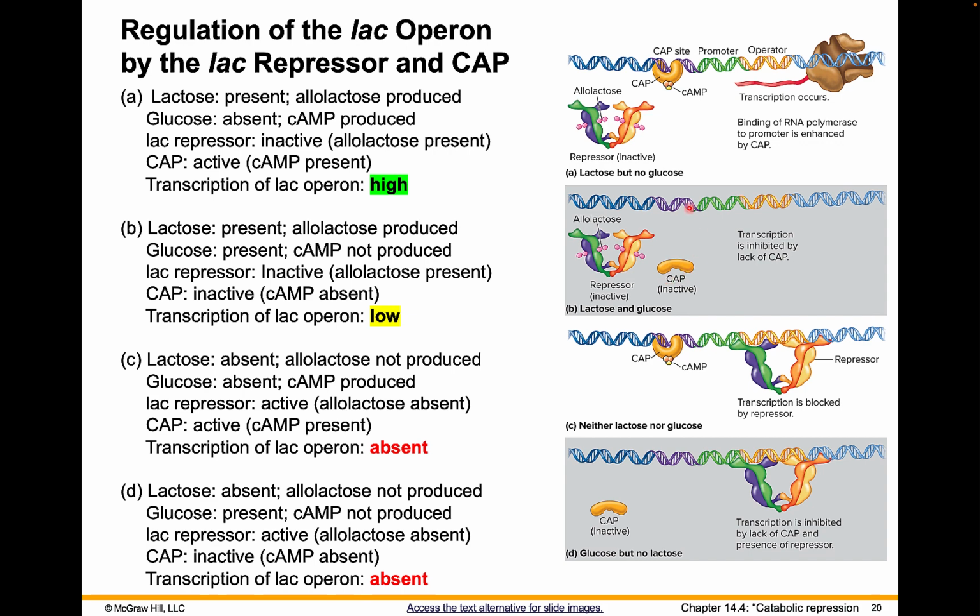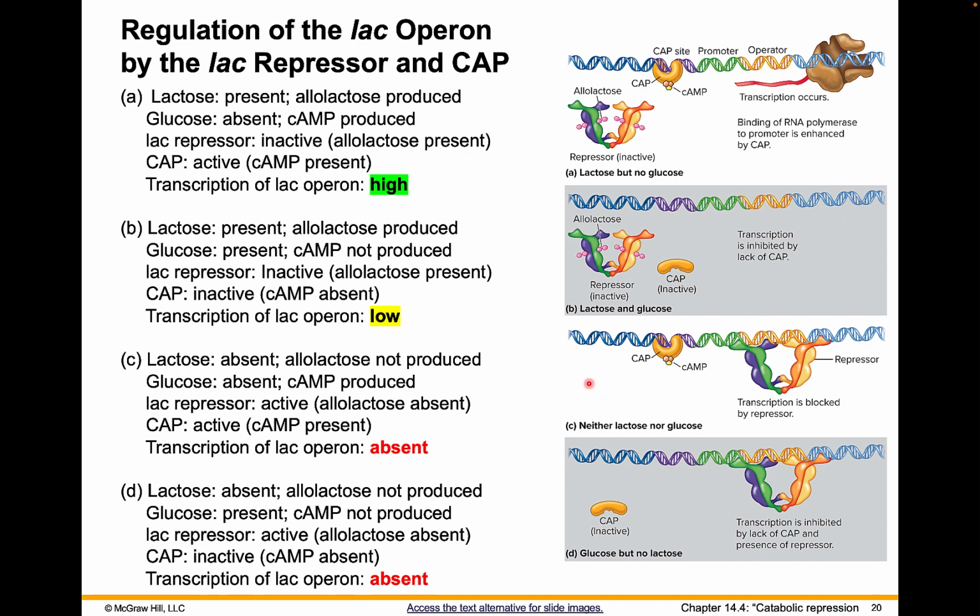On the other hand, the CAP is inactive, so some of the transcription will go on, but this is a low level of transcription, not as high, because here the activator protein recruits the RNA polymerase tightly. Here it is just a little bit low, but still a little bit of transcription of the lactose operon can go on.